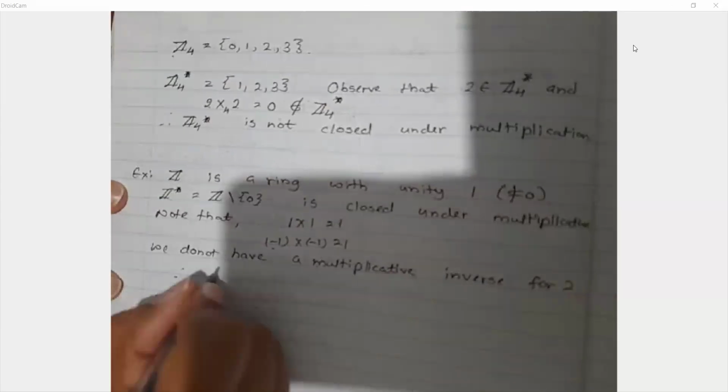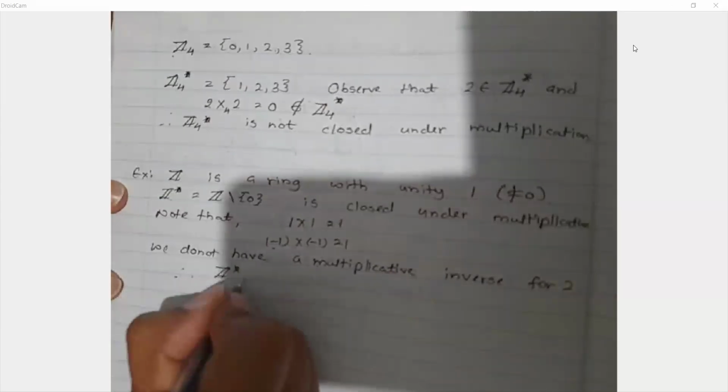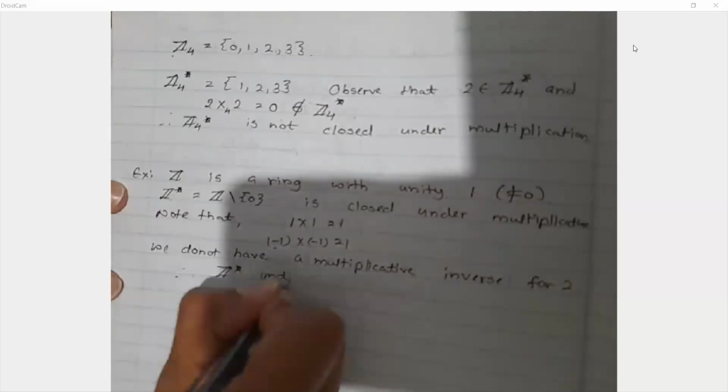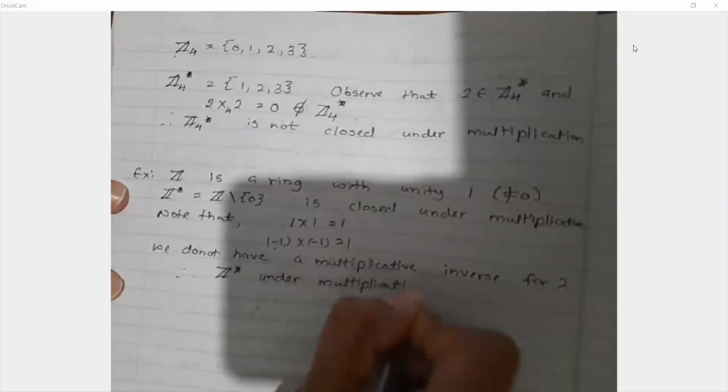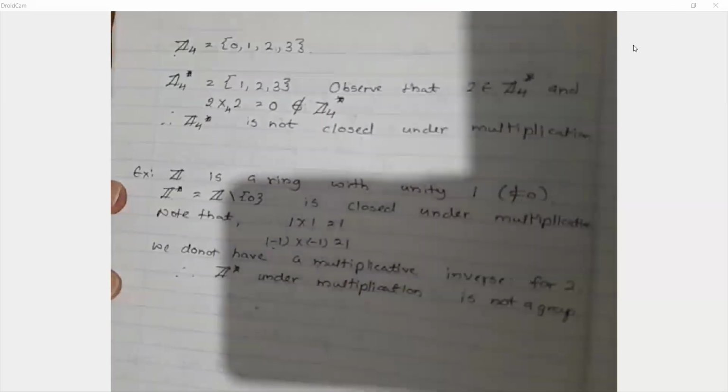Therefore, Z star under multiplication is not a group.